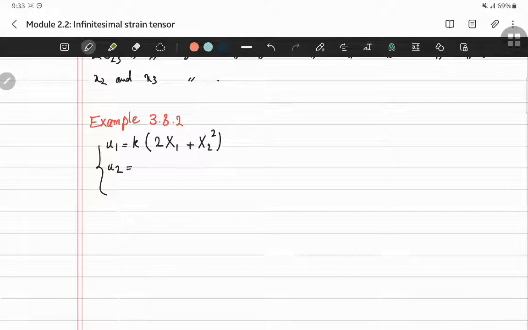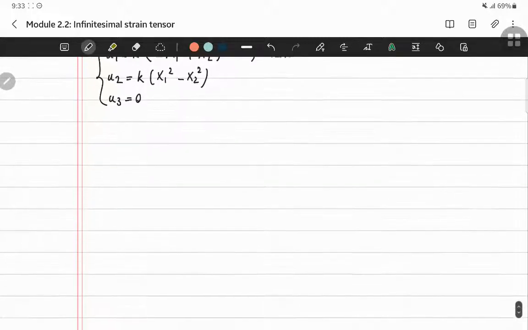And then we have u2 as k times x1 squared minus x2 squared, and then we have u3 which is equal to 0, where we have k very, very small. It is 10 to minus 4.